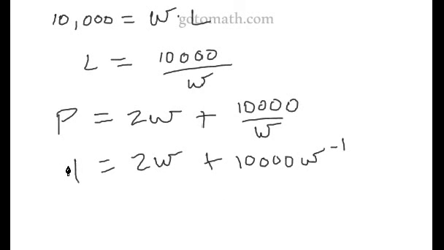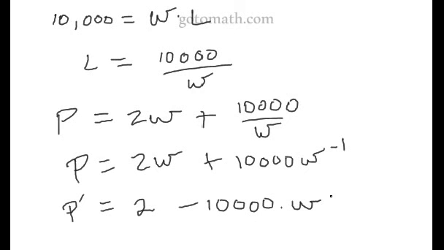All right, let's now take the derivative. So I'm going to say P prime. The derivative of 2W is 2. Bringing that negative out front, now we have W raised to the negative 2.